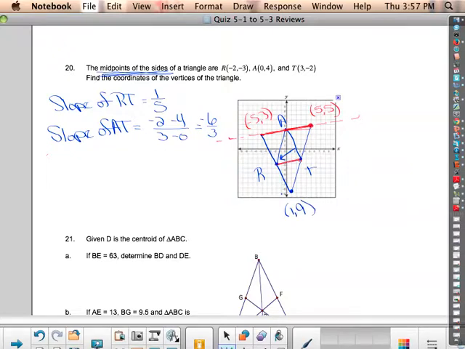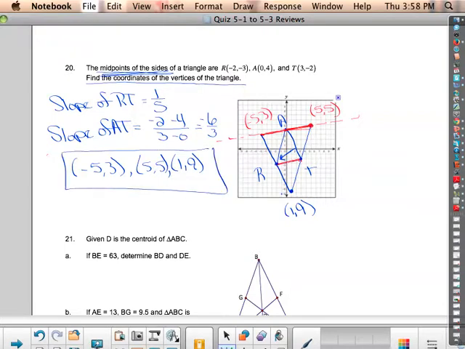So this question, when it's asking you for the coordinates of the vertices of the triangle, it's asking for -5, 3, 5, 5, and 1, 9. Those are the vertices of that triangle.